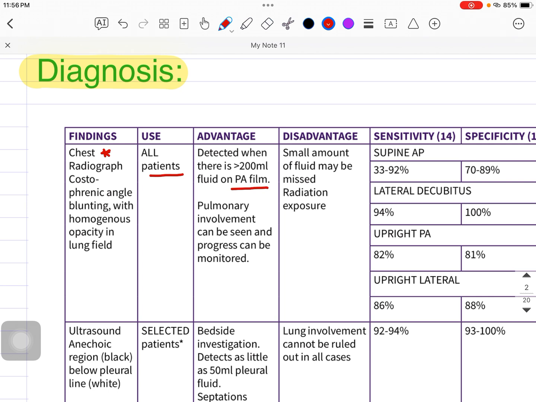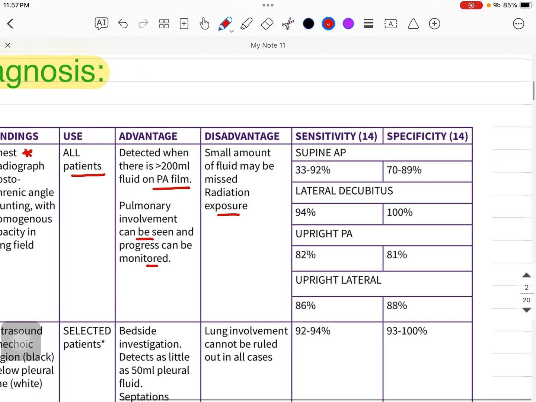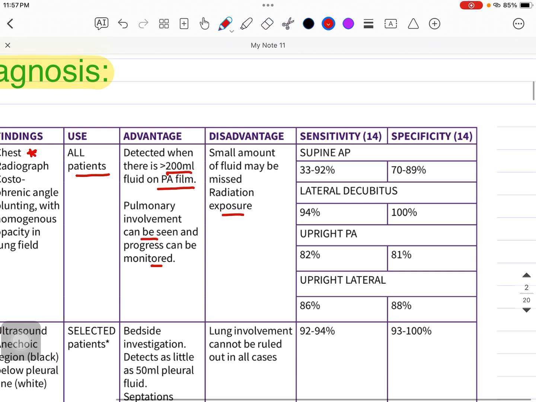Pulmonary involvement can be seen and progress can be monitored with the chest X-ray. What is the disadvantage? There could be some radiation exposure, and a small amount of fluid can be missed, because at least 200 ml of pleural fluid should be there to appreciate on the PA view chest X-ray, okay. That is also very important to keep in mind.